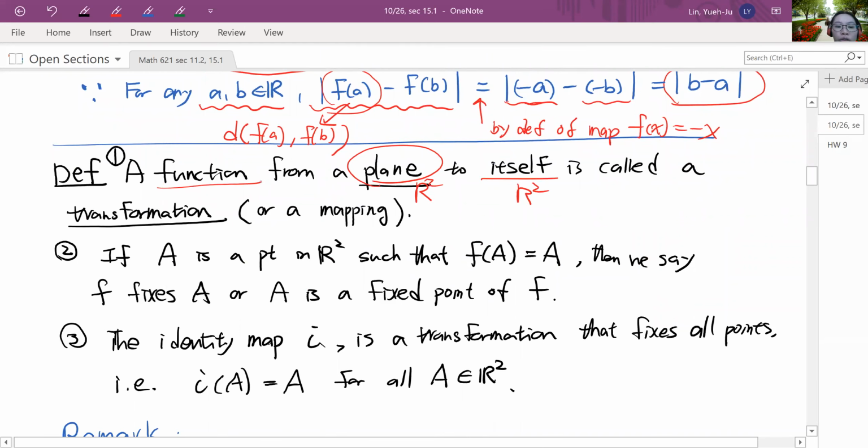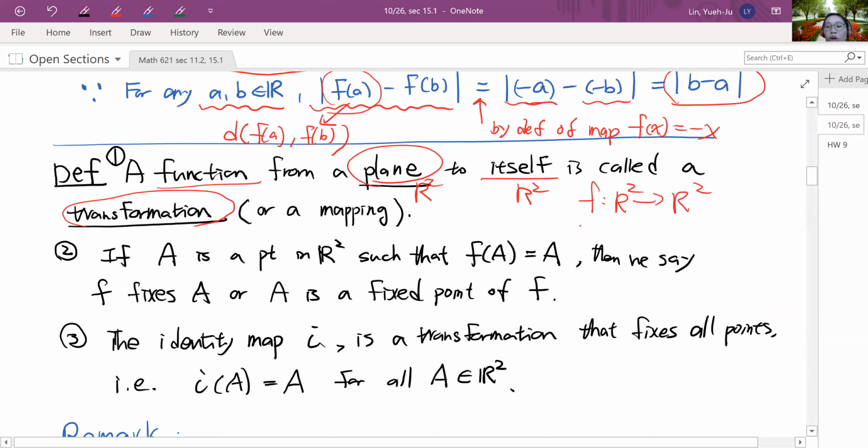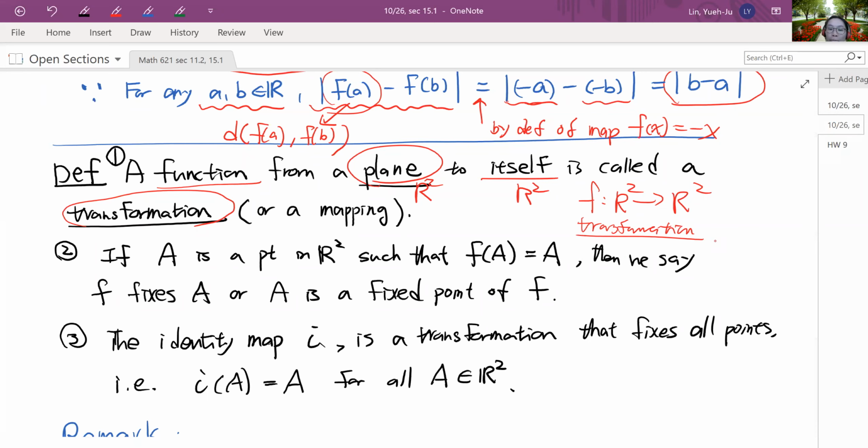We call it a transformation, or sometimes people say a mapping, but most of the time people say transformation. But we don't know whether it preserves distance yet, because I didn't say it's an isometry. I said it's a transformation.